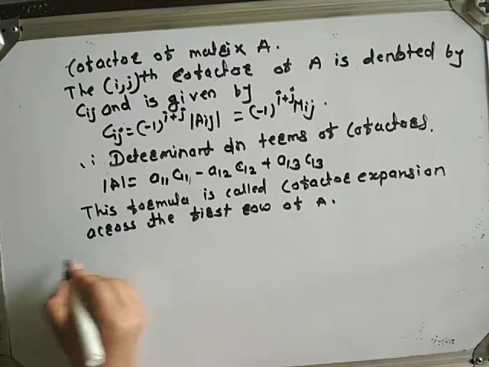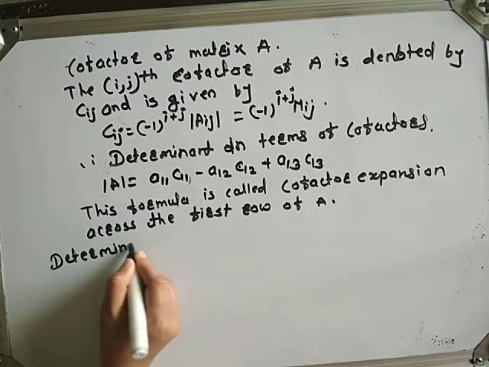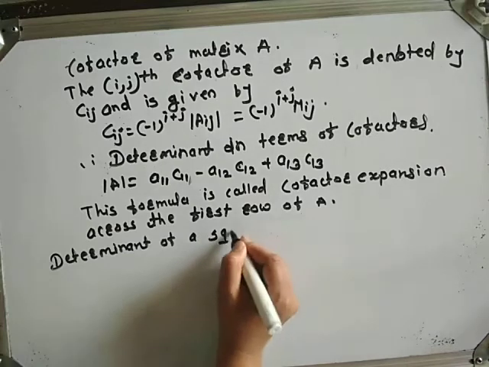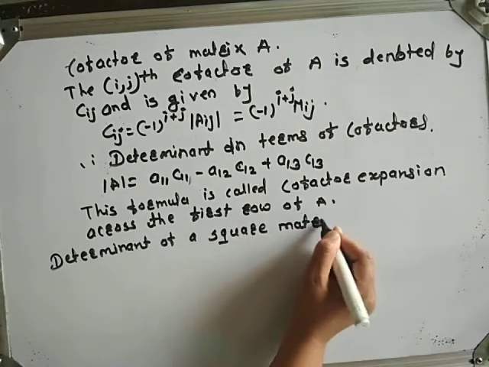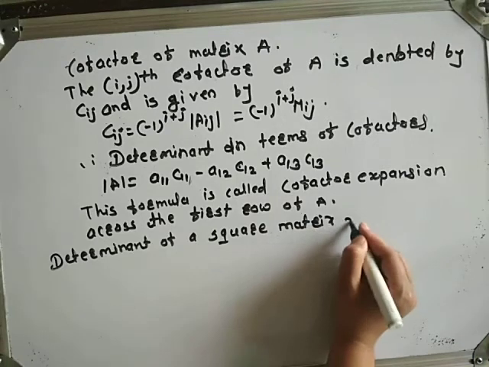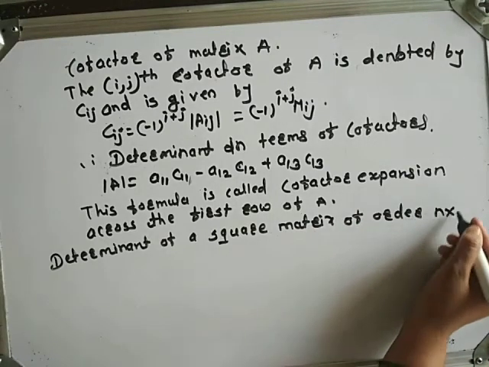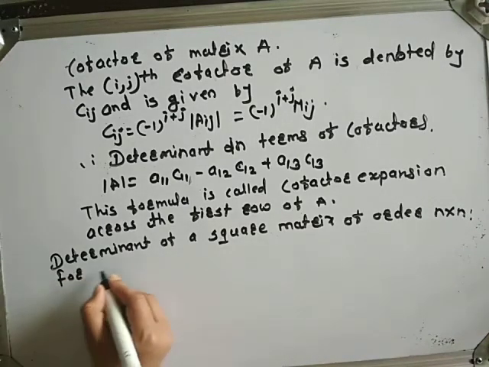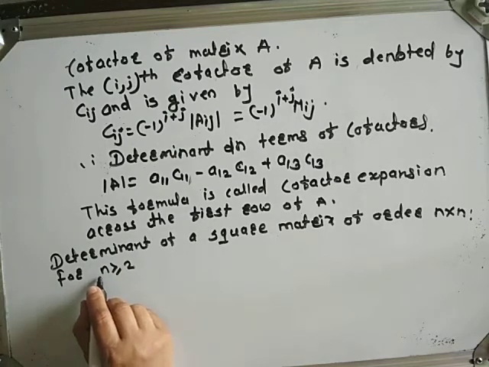Next is the determinant of a square matrix. The determinant of a square matrix of order n by n, for n greater than or equal to 2.